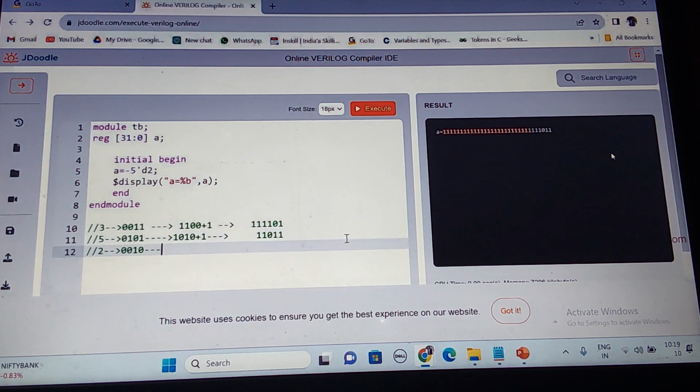If I take the 1's complement of this, 1, 1, 0, 1, plus 1. If I add plus 1, what is the result? 1, 1, 1, 0. Correct? And then sign bit extension is 1. So I'm getting 2 as 1, 0, and 2's complement of this is 1, 1, 0, and the sign extension. Correct? You can understand this.